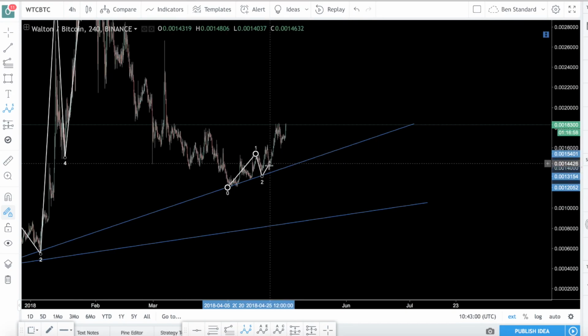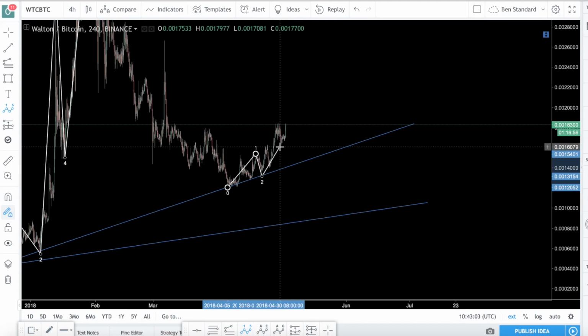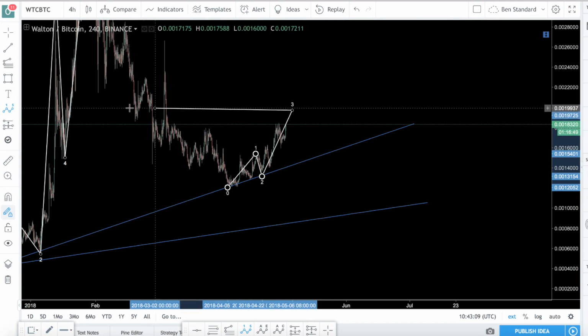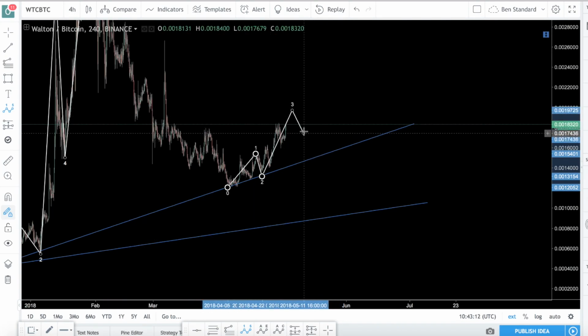So it's 1, 2, 3, 4, 5. Probably gonna end up here where we can find some resistance. And then a fourth correction wave usually drops around 40% of the third wave. So around here, where we also see some support.